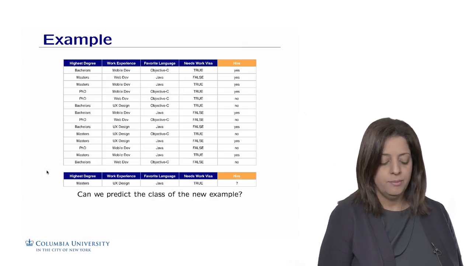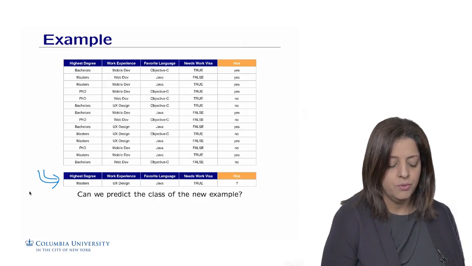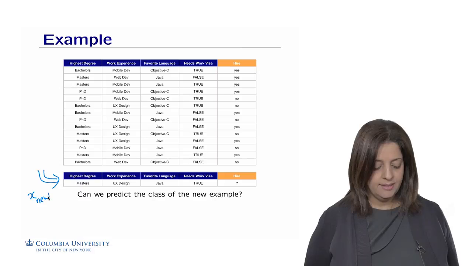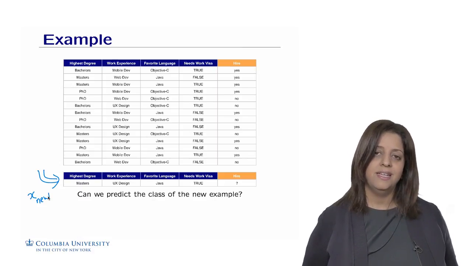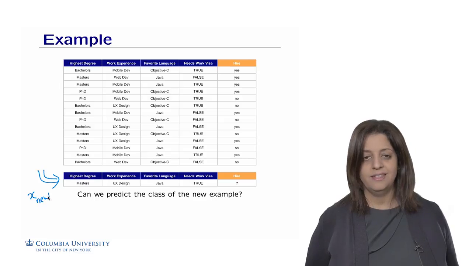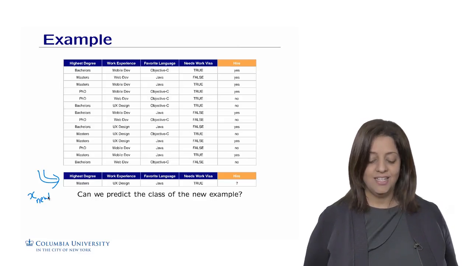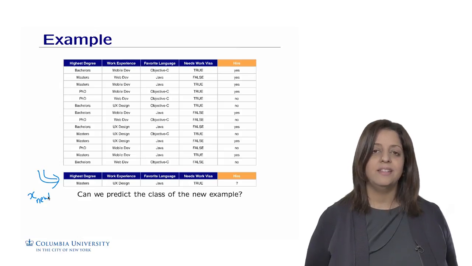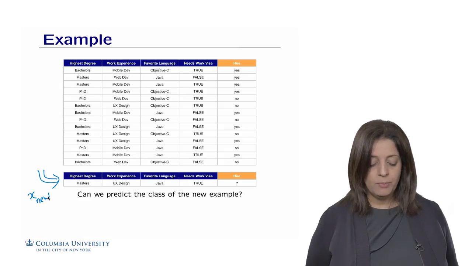We want to use it to predict the class of a new instance, X new. Given that this applicant has a master's degree, has this kind of work experience, is familiar with Java, which is his favorite language, and does need a work visa, are we going to hire this applicant or not? Okay, can we predict this class?